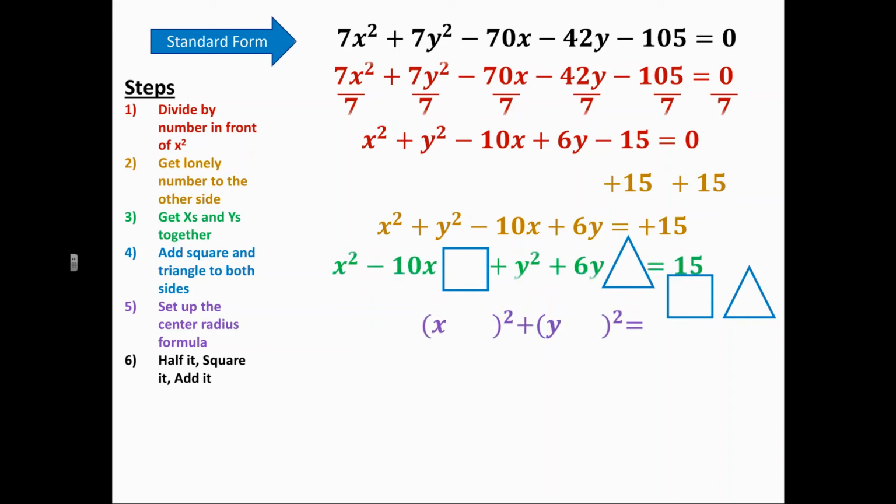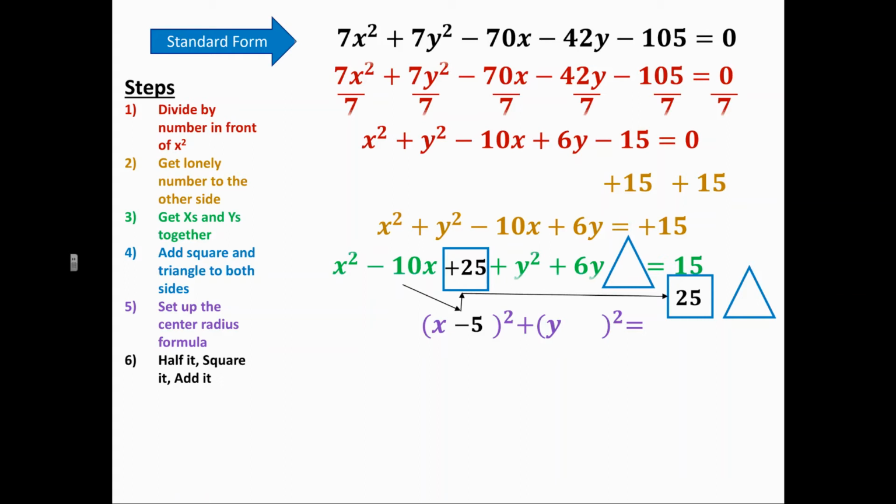This is what I want the equation to look like. And step 6, half it, square it, add it. So we take our x's, we've got -10, half of that is -5. Squared, -5 times -5 is +25. And add it to the other side. Now, notice, in this case, we've got a +6 for our y's.